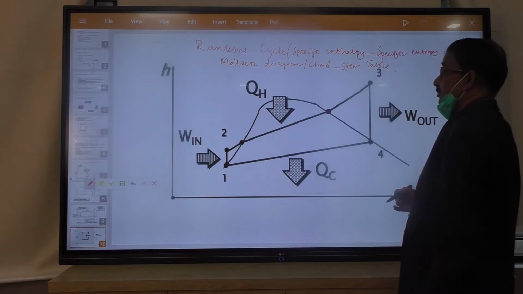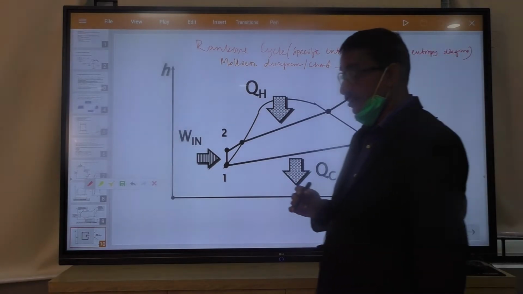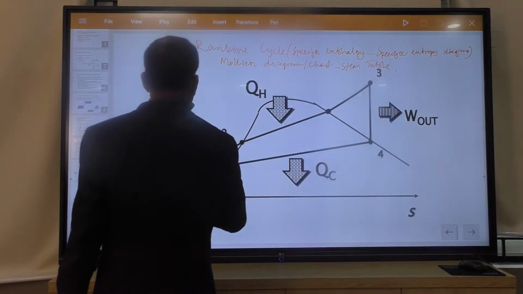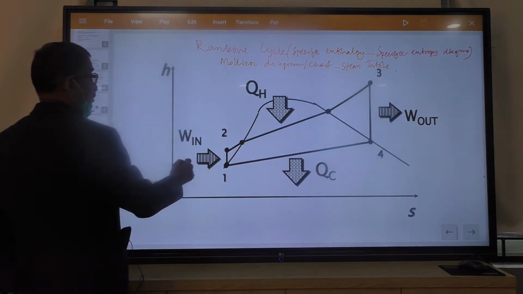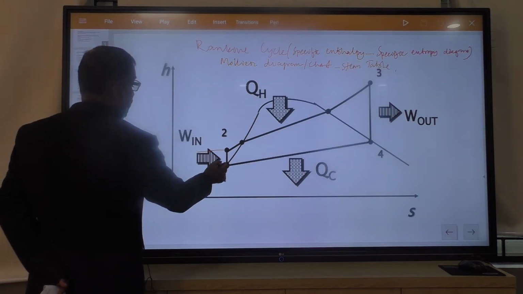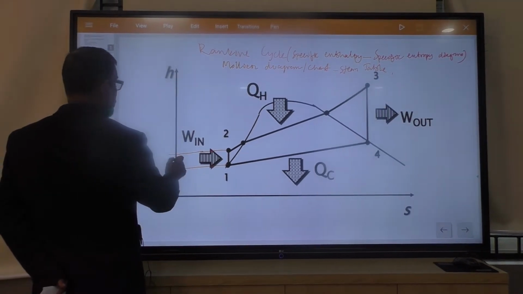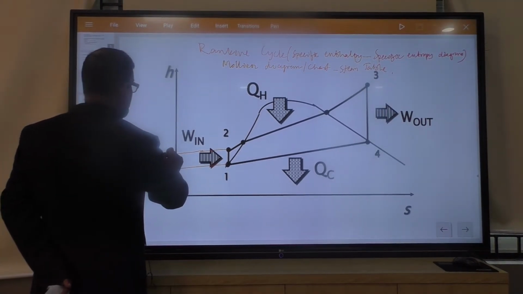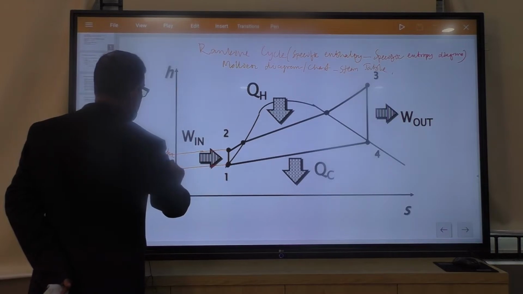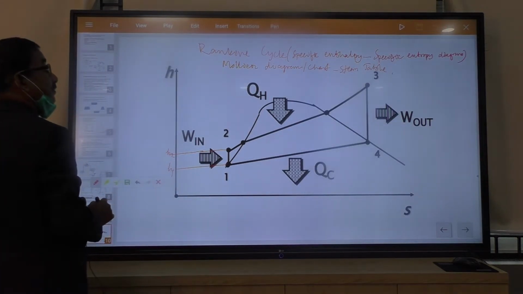It is very helpful. This HS diagram is very helpful for calculation of different parameters, different performance values. This turbine, this is the pump work. This you can get directly. Here it is H2. You will get direct value from the Mollier diagram.